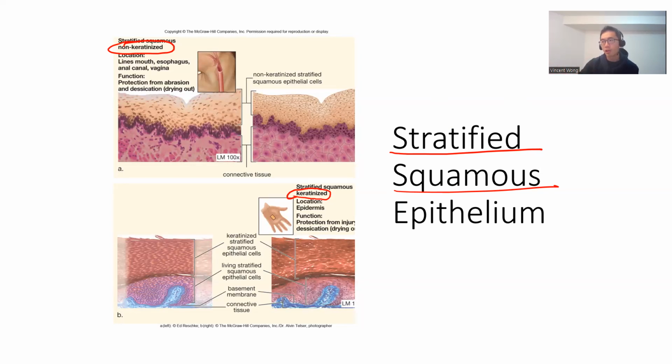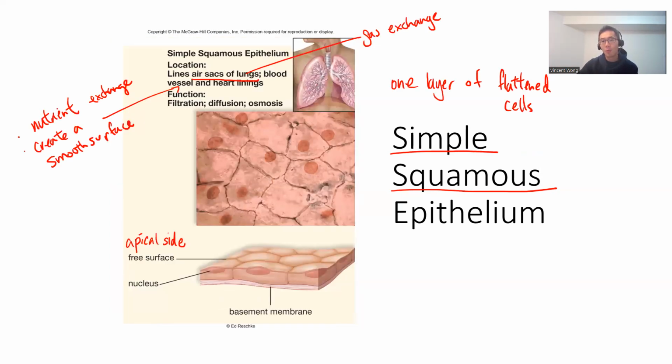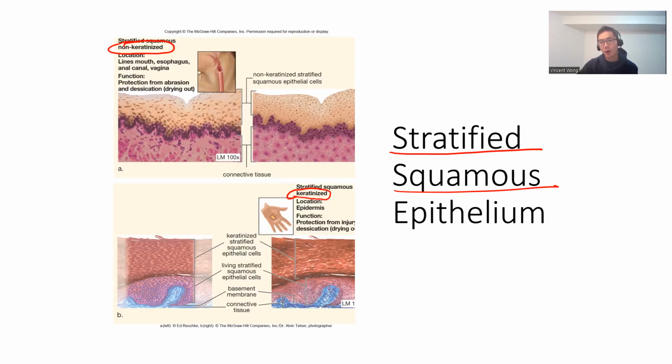All these things are very harsh for the cells, and you want to protect your oral cavity, protect your esophagus from these things, and it makes sense to have multiple layers of these squamous cells to protect against all these extreme exposures. So simple squamous, no protection, but it's great for letting things pass through. Stratified squamous, we don't want things to pass through. Okay, we just want to protect these areas from wear and tear.